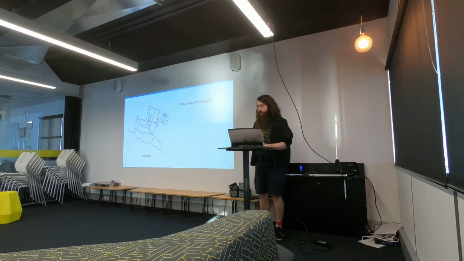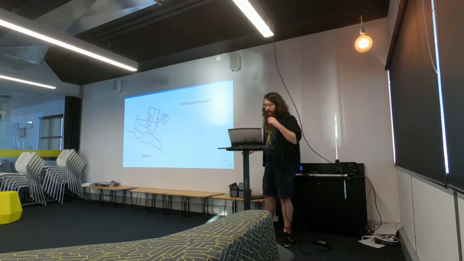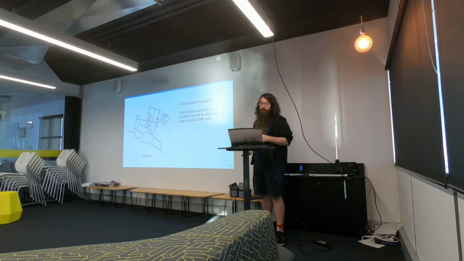So the question I asked was, can we learn localization end-to-end through behavior? And this is what I'm trying to answer here. What we did is we froze the weights of the agent, so we're not training those. Then we trained just a linear classifier to predict which location the agent is in right now from its recurrent internal state. So we want to localize from the representation that we've learned.